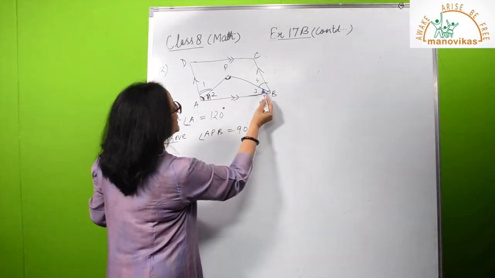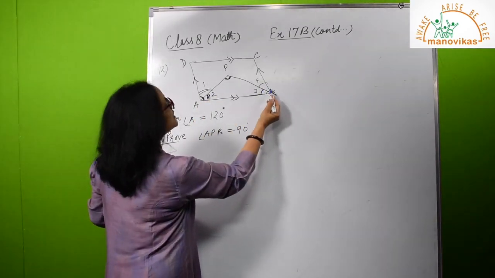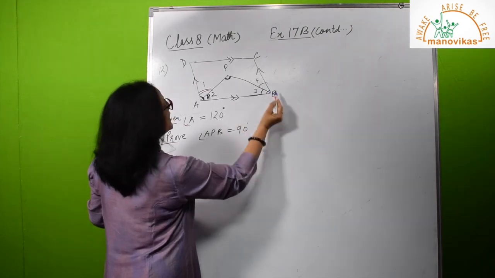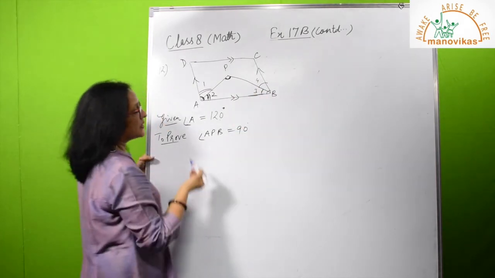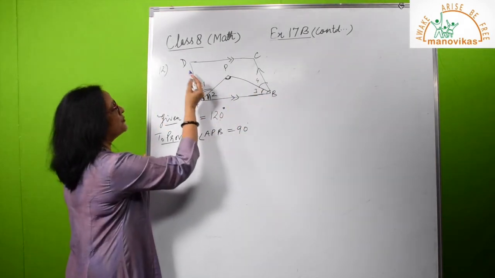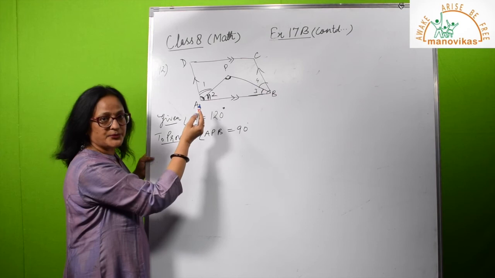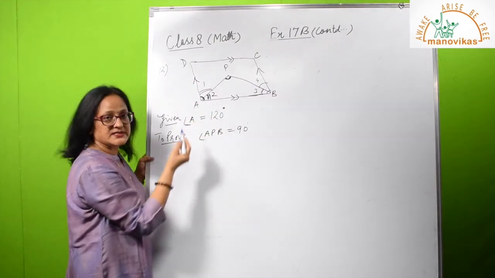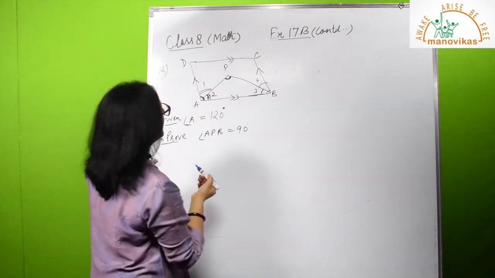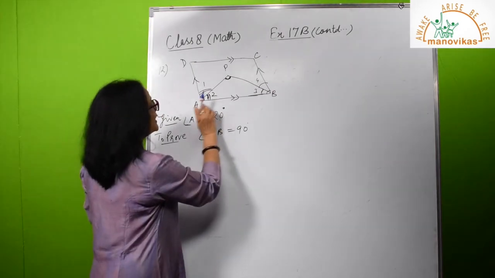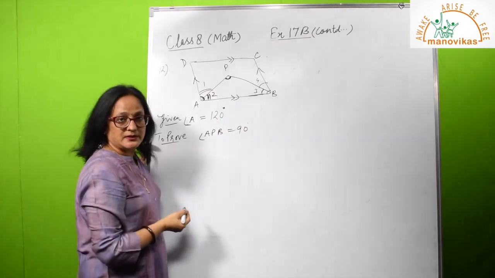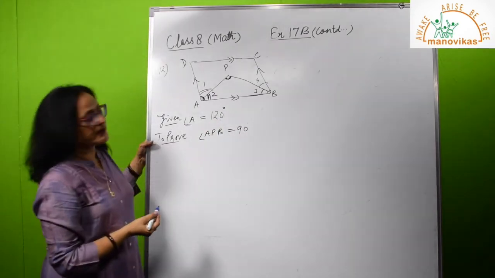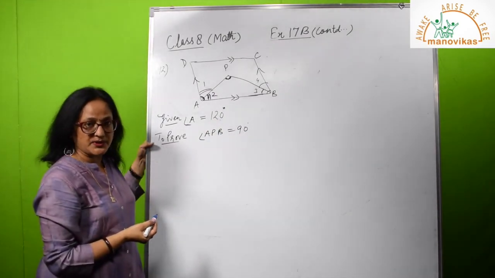Now how can you find angle 3? Before angle 3, you have to find angle ABC. So how can we find angle ABC? For this angle ABC, we will use the parallelogram property, because ABCD is a parallelogram. What is the parallelogram property? A and B, these two angles are adjacent angles, and in a parallelogram, adjacent angles are supplementary.